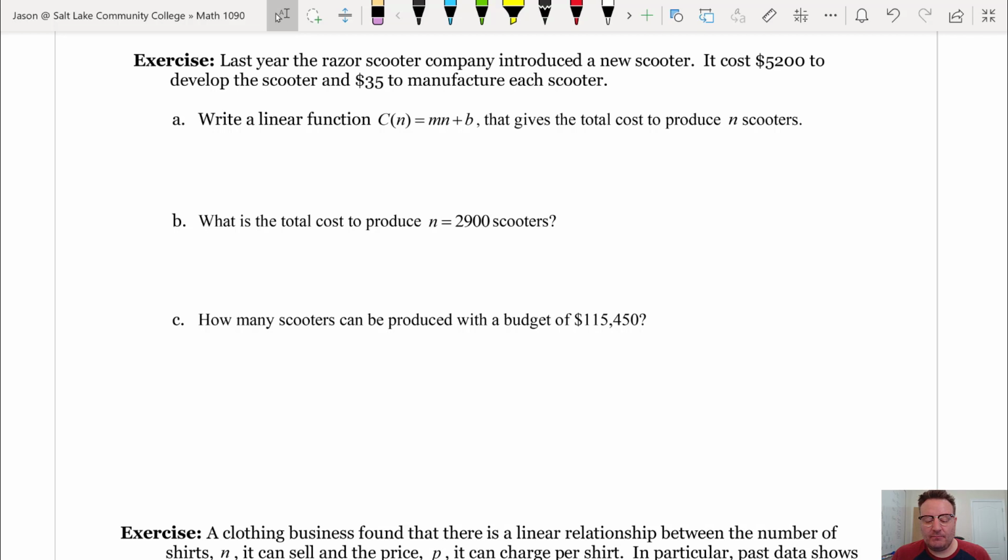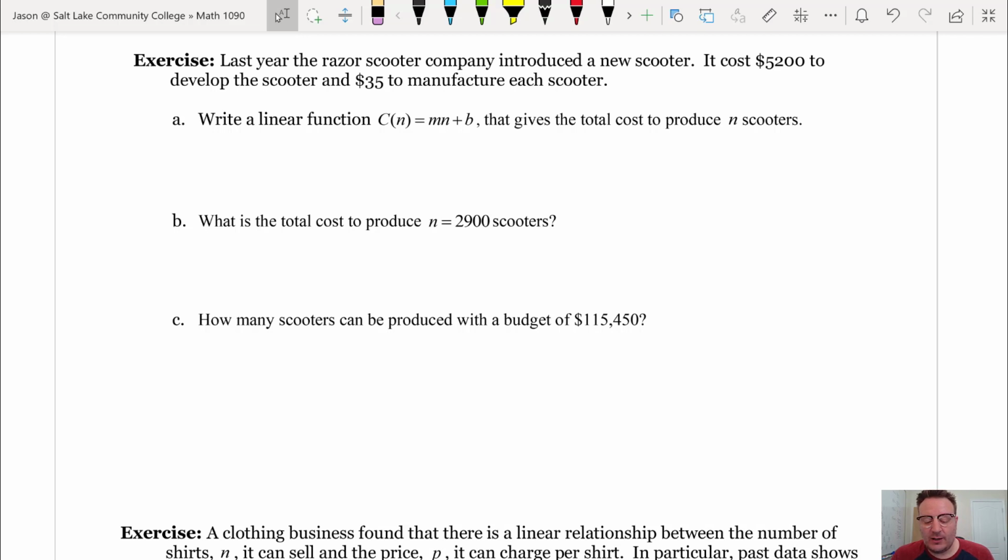And in this context of a cost function, the y-intercept is the fixed cost. It's the amount you have to spend in order to start producing these scooters. And that was $5,200. We had to spend $5,200 to develop the scooter, and it's just a one-time fixed cost.